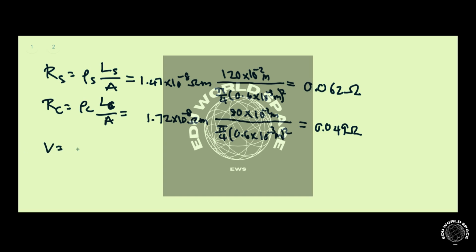Okay, so now using V is equal to I times (RS plus RC) means that I is equal to V over RS plus RC. And we know that V is 9 volts because that's the voltage that's maintained at the ends of the wire. And we just computed the resistance for the piece of silver and the piece of copper wire.